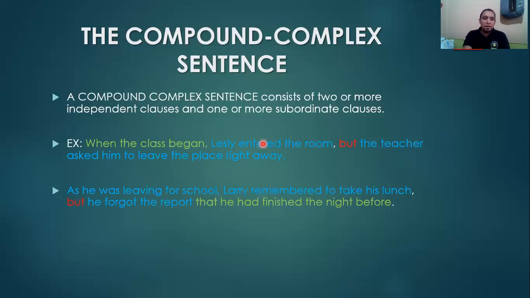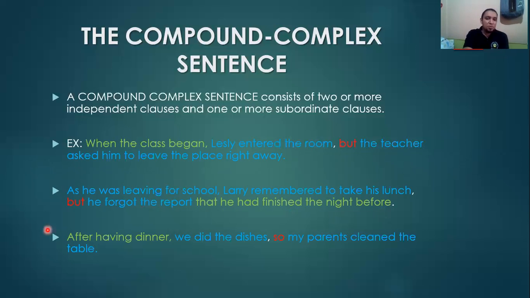Number two, as he was leaving for school, Larry remembered to take his lunch, but he forgot to report that he had finished the night before. I have once again two independent clauses and one subordinate, which is that he had finished the night before. Finally, we have: after having dinner, we did the dishes, so my parents cleaned the table.